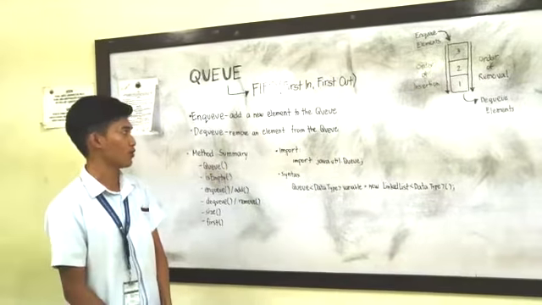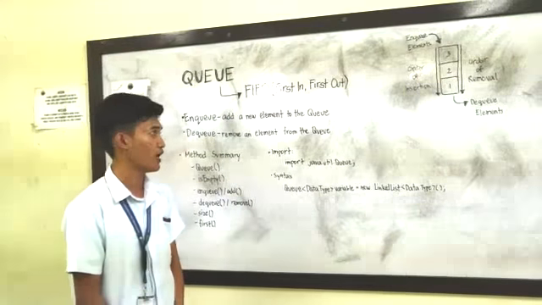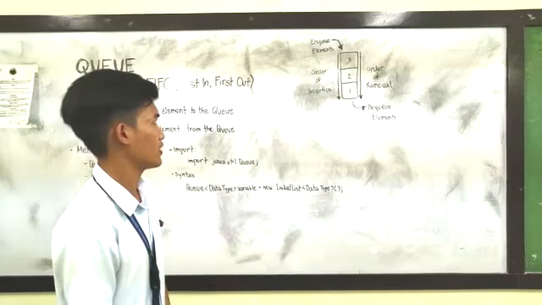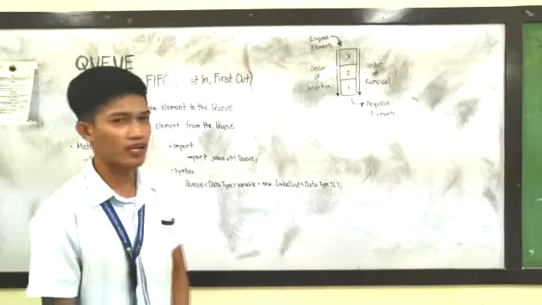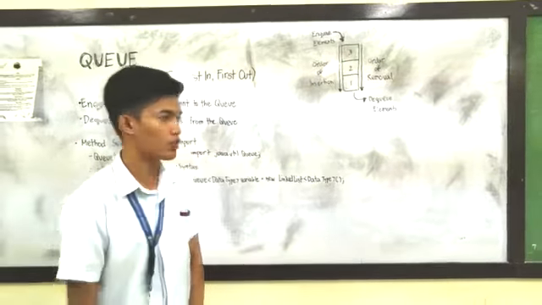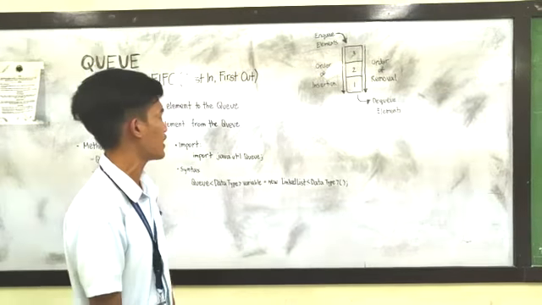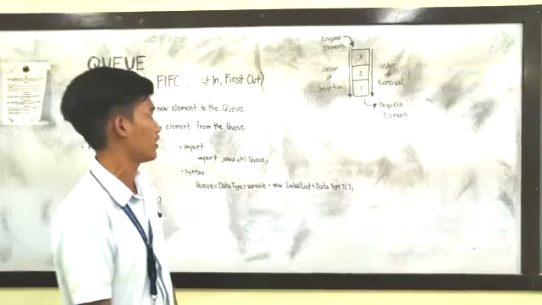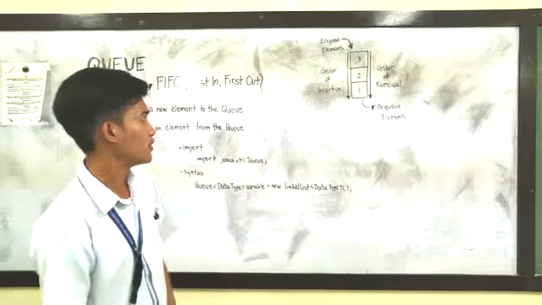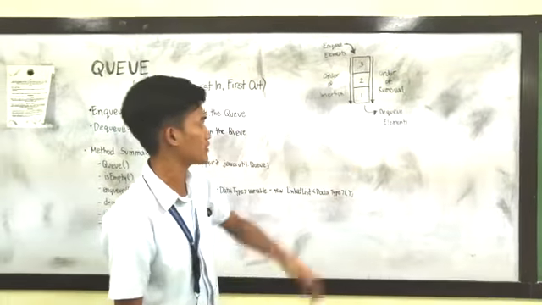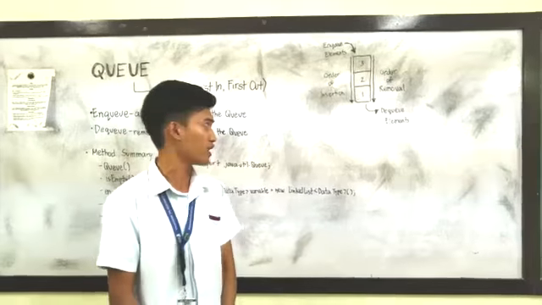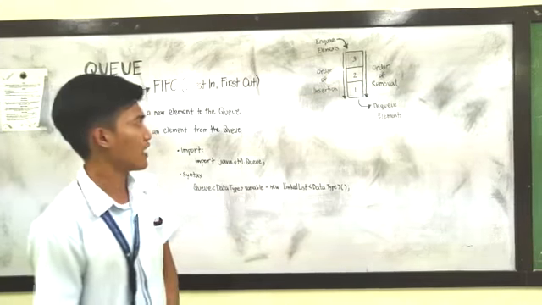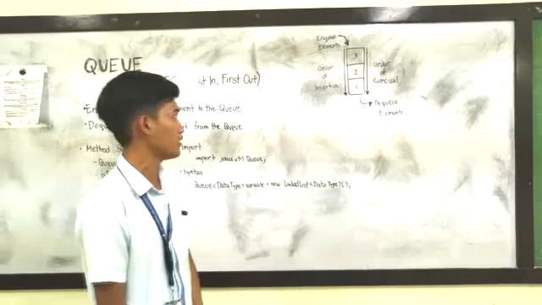To visualize more what FIFO is, I have this diagram. First we have these 3 elements in the queue. The first element, which is the 1, is on the bottom part of the queue because it is the first element to be enqueued. Later on I'm going to discuss the terms enqueue and dequeue. Next, the last element is on the top part of the queue because it is the last element to be inserted.